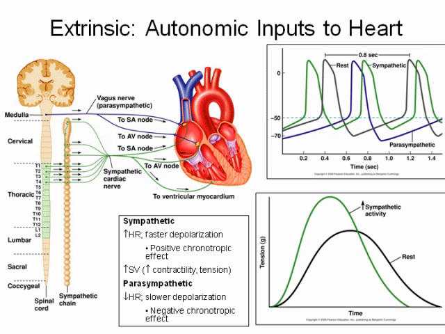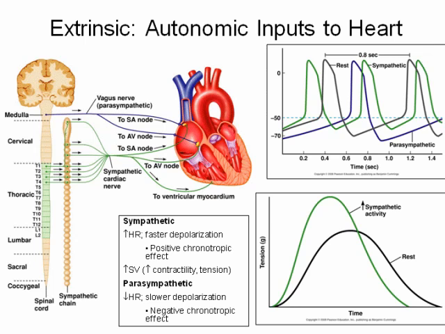Extrinsic control, autonomic inputs. You have the sympathetic and the parasympathetic input to the heart. If you have here this tracing referring to your SA node pacemaker potential, and this is what's happening at rest, if the sympathetic nervous system is activated, what you see is this depolarization speeding up.